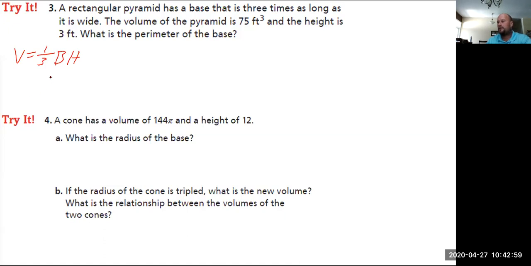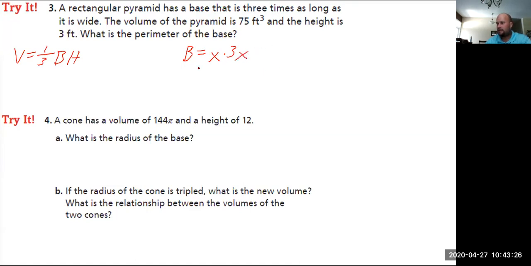A rectangular pyramid has a base that is 3 times as long as it is wide. So it doesn't tell us exactly what the dimensions are here, but we do know something about it. We know the base area is found by doing length times width. So let's say that we use x for one of the sides. The other side is 3 times x.